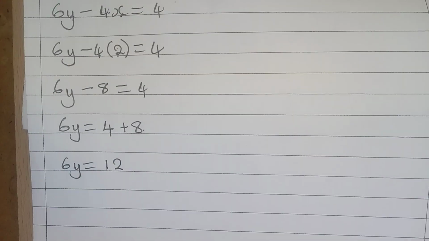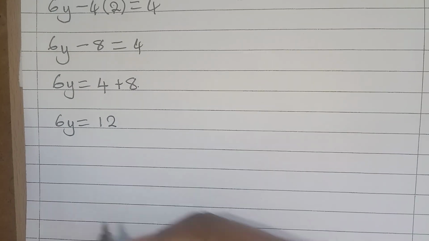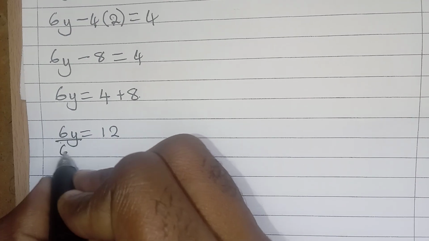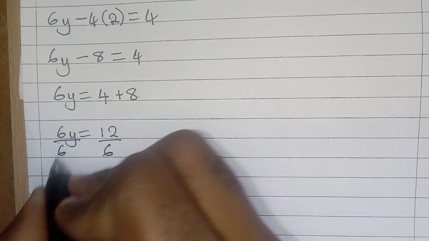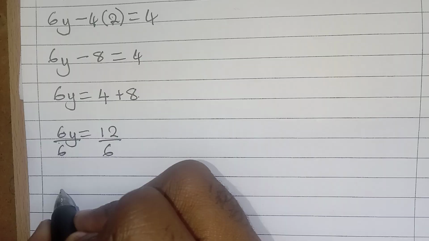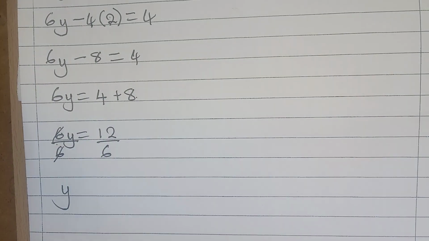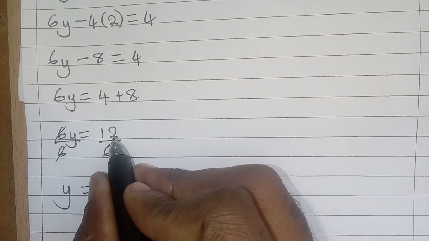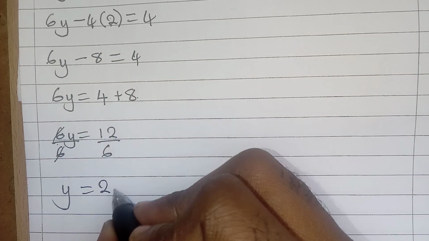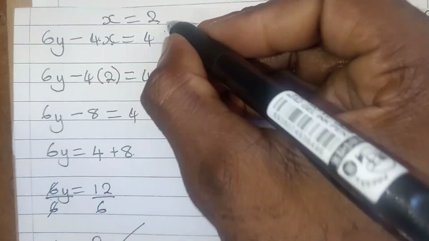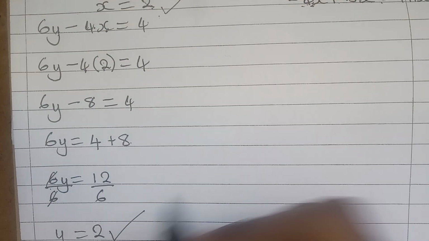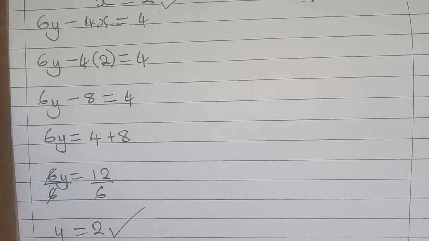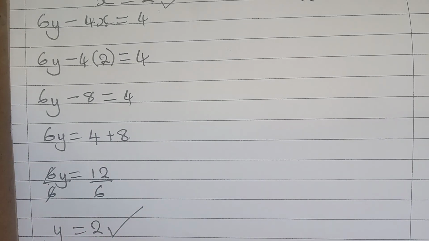And then to solve for y, you can simply divide both sides by 6. And then 6 into 6 is y, and 6 into 12 is 2. And you are done. So you have solved for x and you have solved for y. That means you have solved the entire problem.